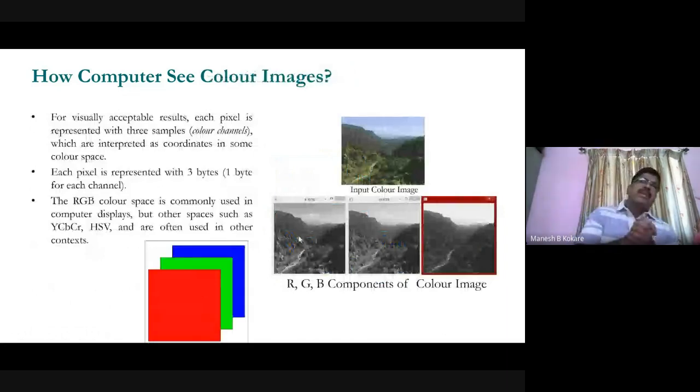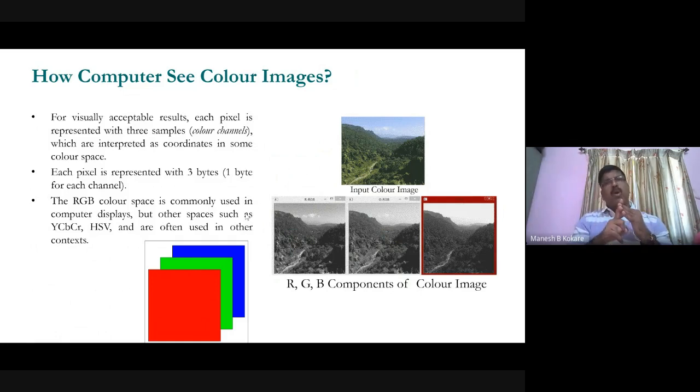Now, in case of a color image, how does the computer see the color image? As I told you, in a color image the color is formed with 3 primary colors. The 3 primary colors of light are red, green, and blue.